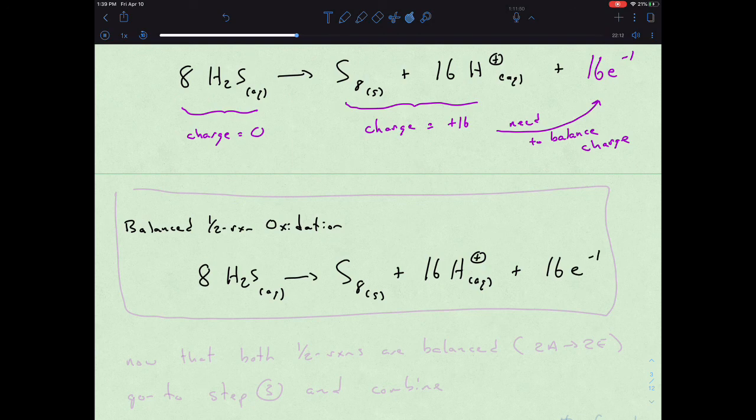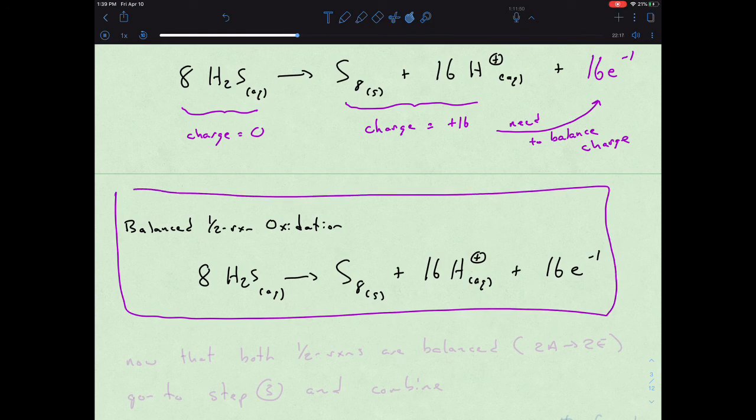And so there is our balanced half reaction for oxidation.